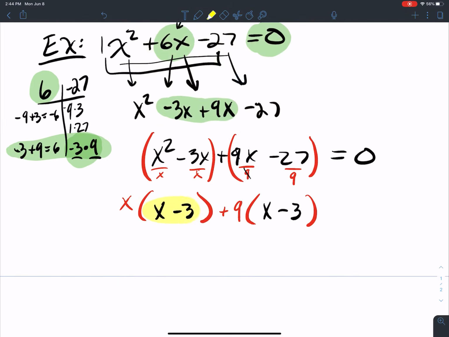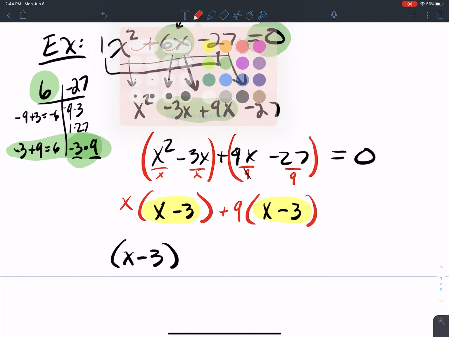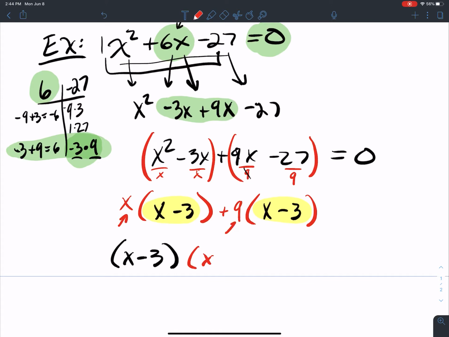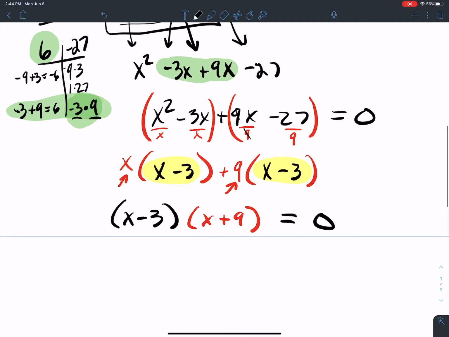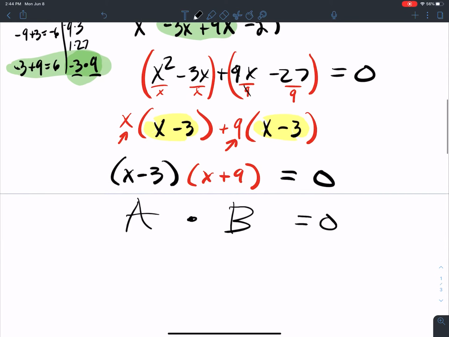We were looking for the same factor here as right here. And now I can factor that out. The x minus 3 comes out of both of those, and it leaves an x, and it also leaves a plus 9. And so this, my friends, is all equal to 0. So this is my A, this is my B. A times B equal to 0 tells me either A equals 0 or B equals 0, right?